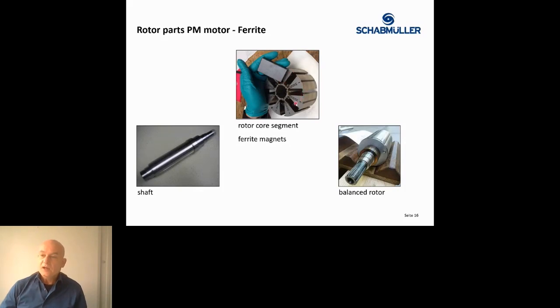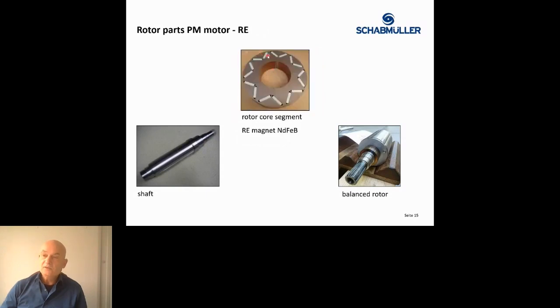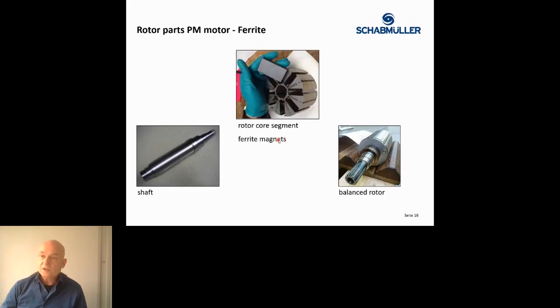One can see how fragile it can be. And it's obvious how big the amount of ferrite material is in comparison to the tiny magnets in the rare earth magnet machine. Really big blocks of ferrite introduced in a special configuration, which we call spoke design.